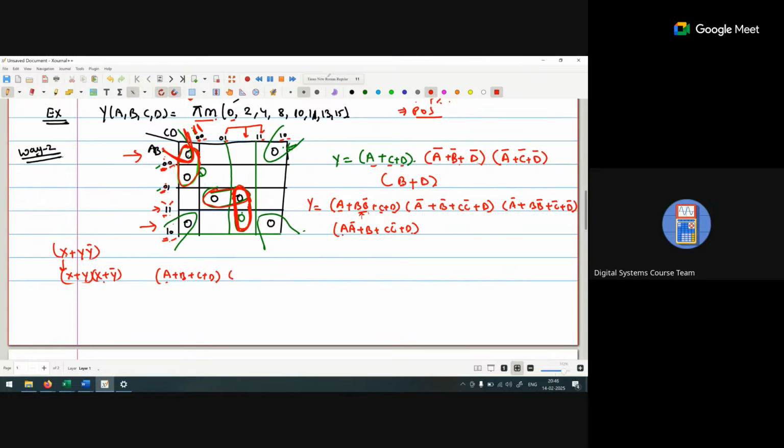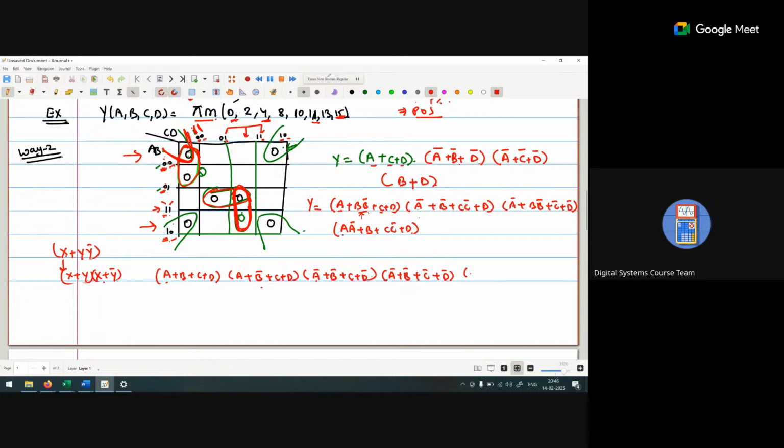Now if I take a plus b bar plus c plus d, that is 4. Now I write a bar plus b bar plus c plus d bar. That is 8 to 10 or even 11. Okay, and a bar plus b bar plus c bar plus d bar, that is 15.